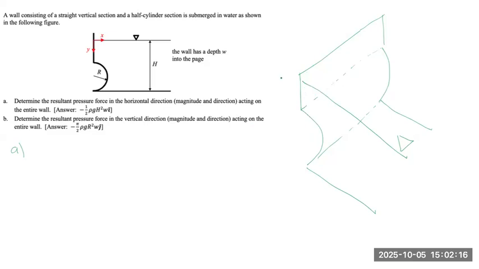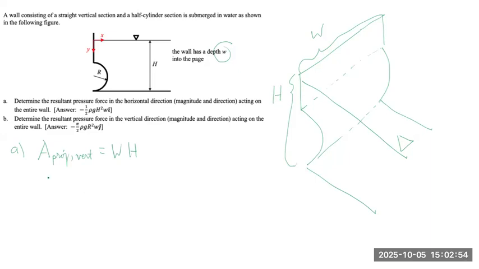And this rectangle has a width of W because it says that the wall has depth W into the page, and it's going to have a length of H. So the vertical projection of the area is equal to W times H. And in the horizontal direction, the pressure is equal to the pressure of the water on the vertical projection of the area.